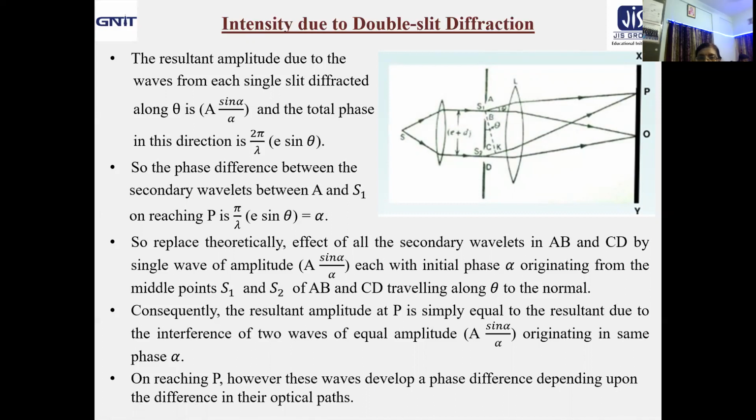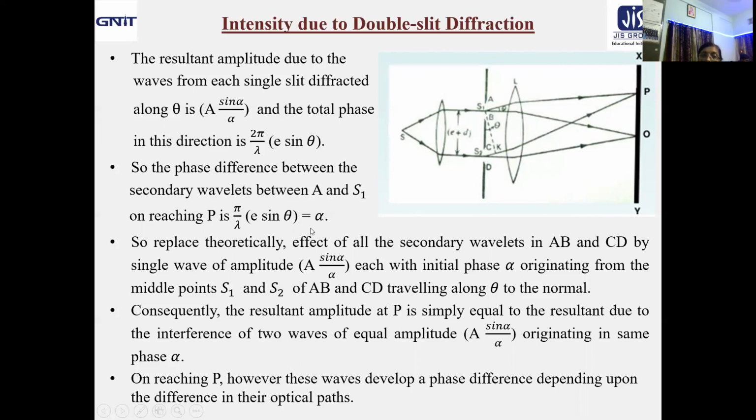But here we are considering the phase difference between A and S1, where S1 is the middle point of AB. Naturally, the corresponding phase difference will be half of this, that is pi by lambda into E sine theta, that is alpha. Similarly, from CD, if you consider the path difference and the phase difference between C and S2 or D and S2, you will get the similar result.